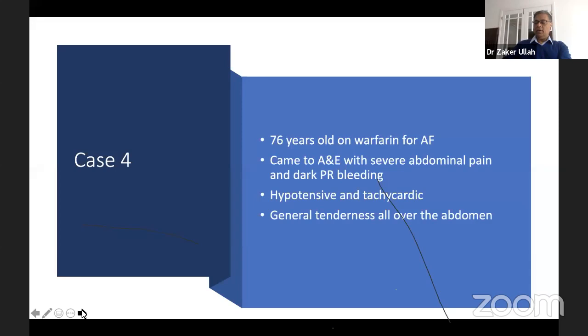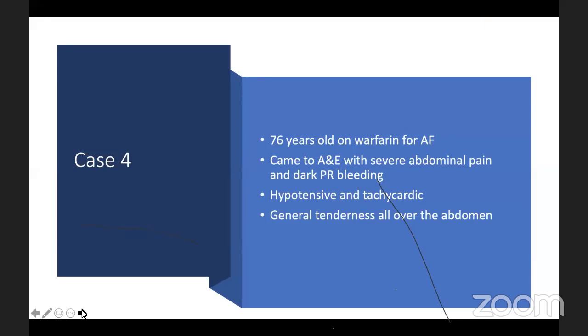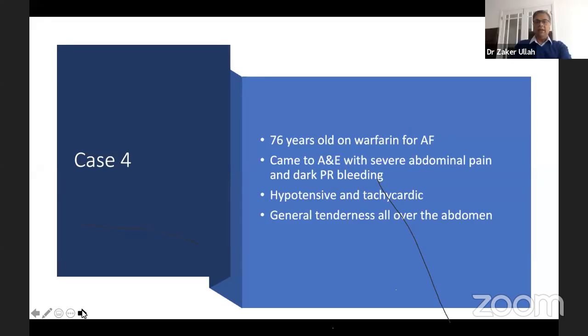Okay, you can do that to find out whether there's any particular area of lack of blood supply. But the patient is very hypotensive and tachycardic with abdominal pain, and lactate is very high, lactate is 10, and he's 76 on warfarin. So your ischemic bowel, infarcted bowel.